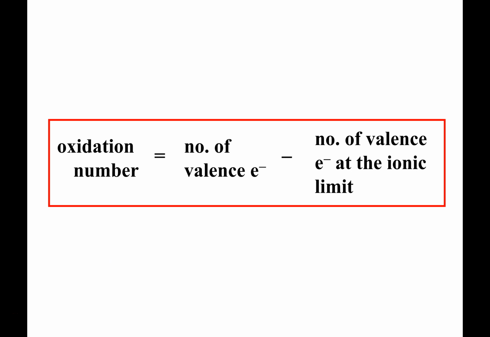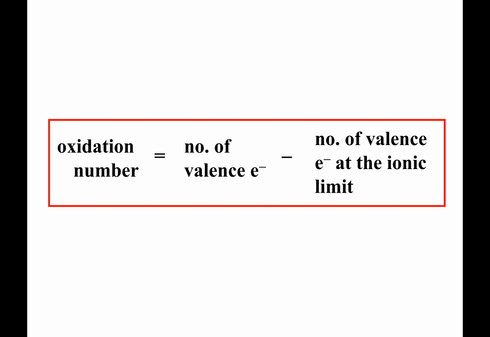The first one is the number of valence electrons. Where do you get the number of valence electrons from? The periodic table, yeah, the group. Yep, the group, exactly. Not the period, but the group.